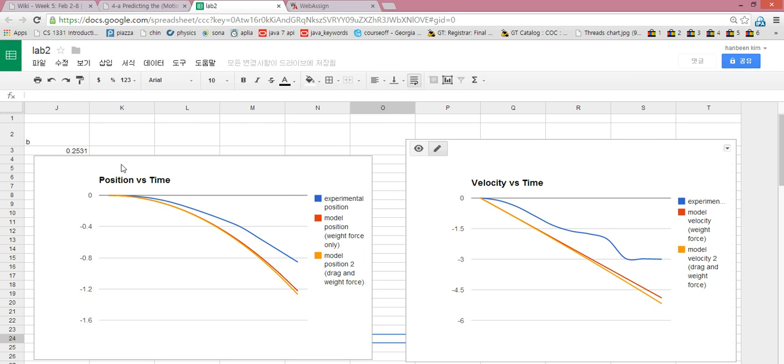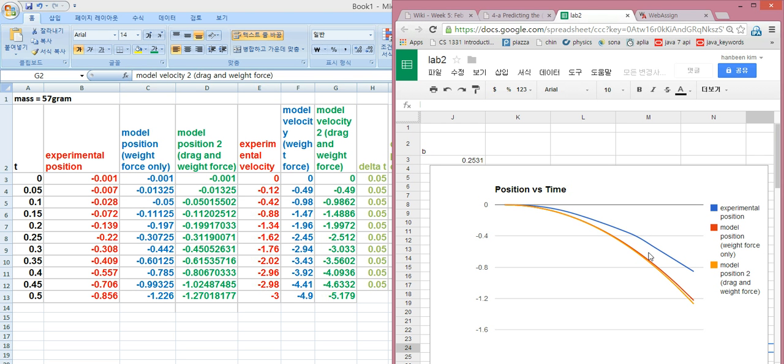First of all, the position versus time graph. As you can see, the blue is the experimental position, and the model positions are red and orange. They differ a lot because there is more force acting upon the experimental position, in my opinion.